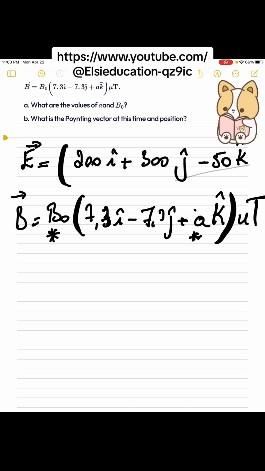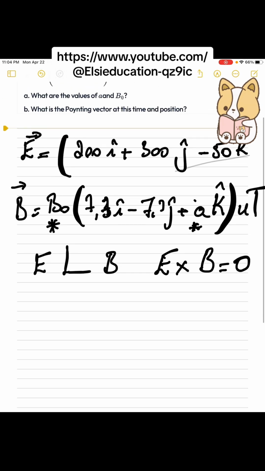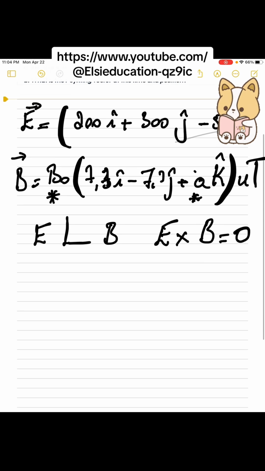To start with, we know that the electric field has to be perpendicular to the magnetic field, so if you take the magnetic field multiplied by the electric field, it will give us 0. So what can we do here?